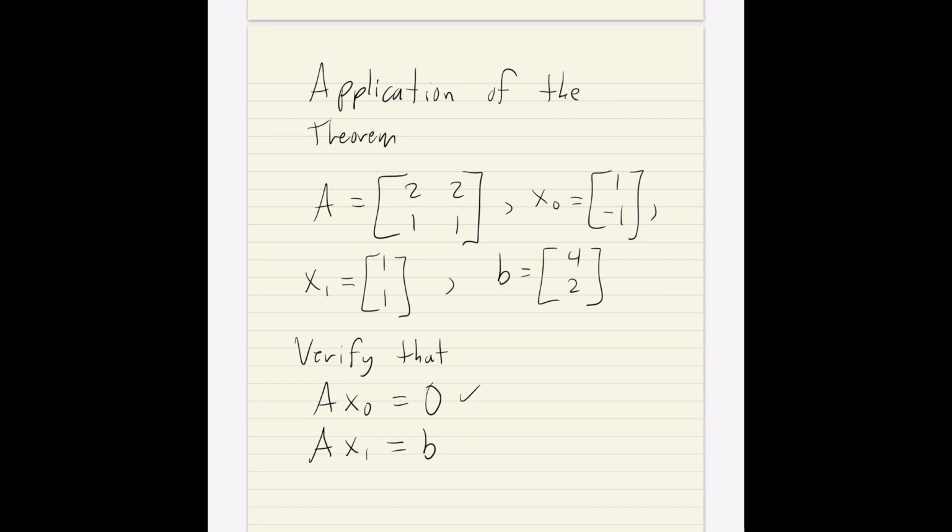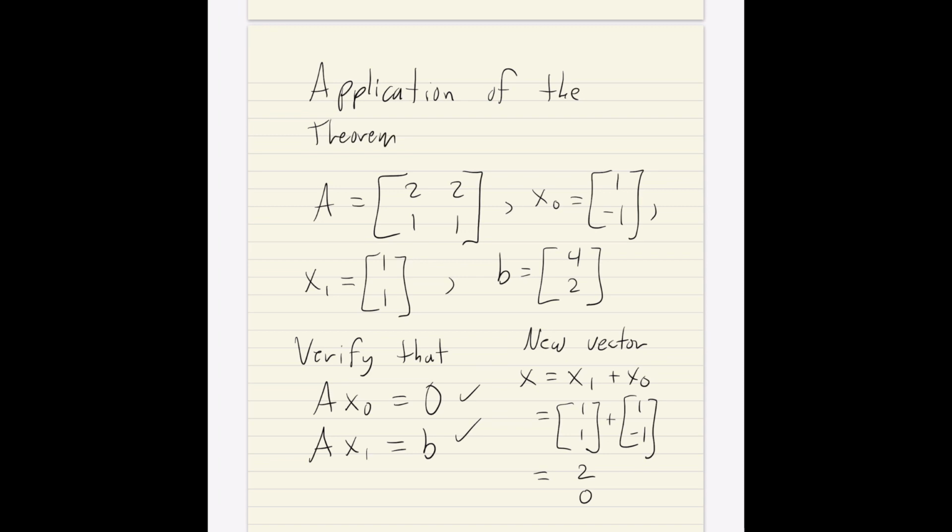Okay, so once you've verified those two, then we're going to create a new vector x, which is equal to x1 plus x naught, which is the vector (1, 1) plus the vector (1, -1). So our new vector x is (2, 0).